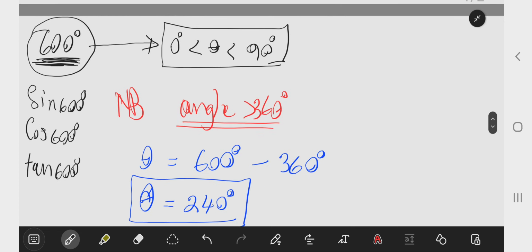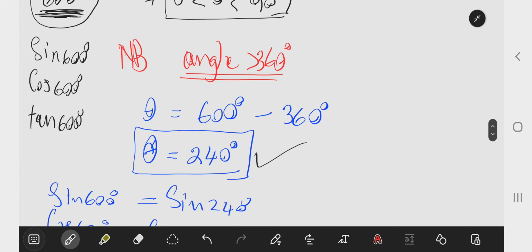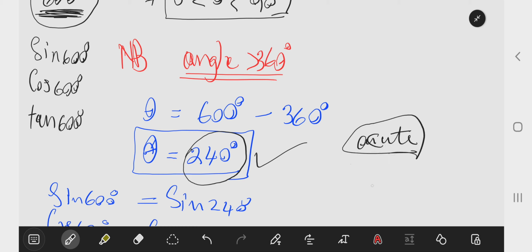And then we said 600 minus 360, and then we got 240, right? So now we still have a problem with this 240. It is not in the first quadrant, where we said we want an acute angle, right? An acute angle should be less than 90, and this is 240.